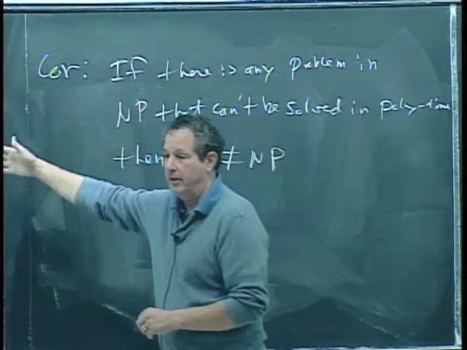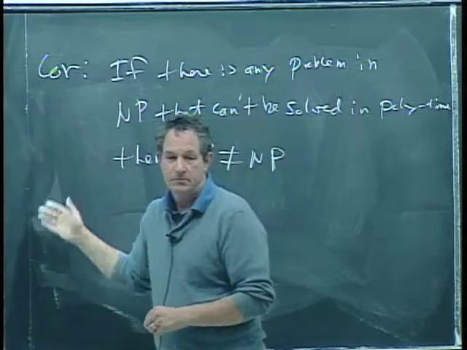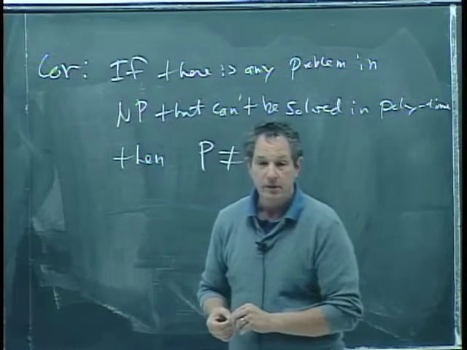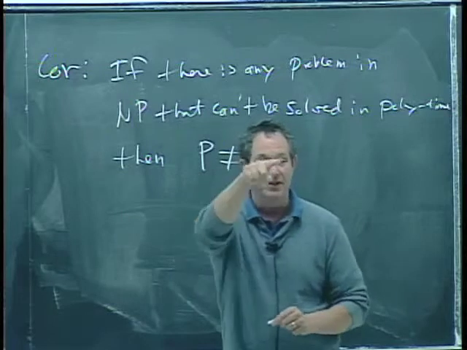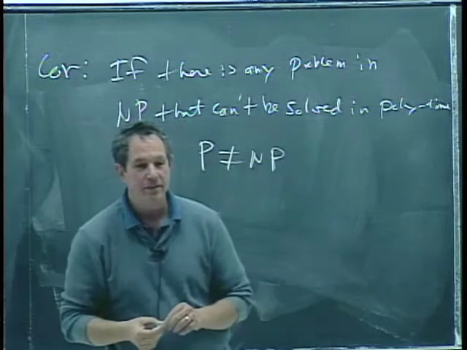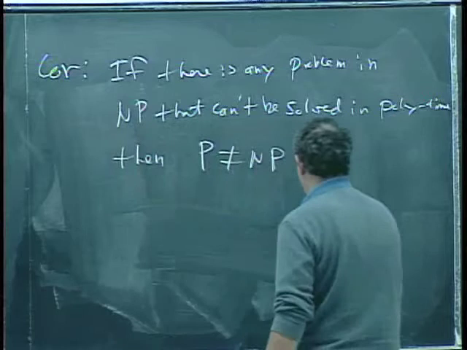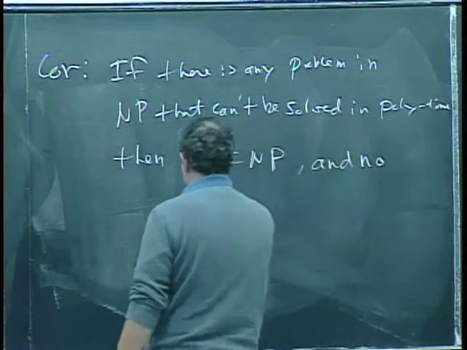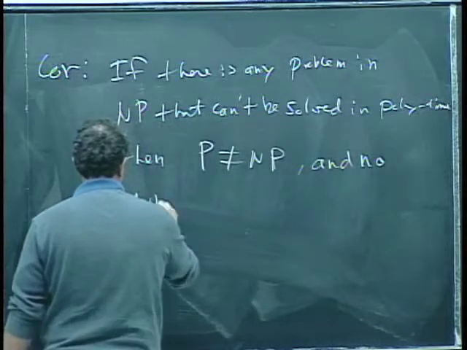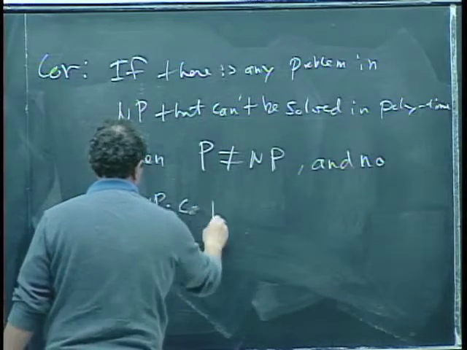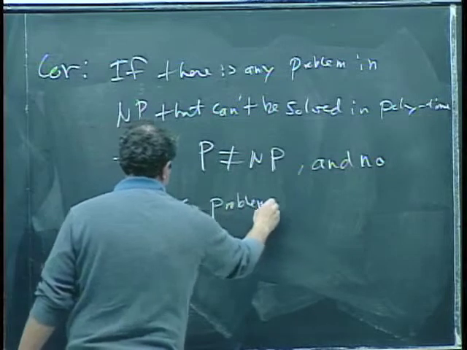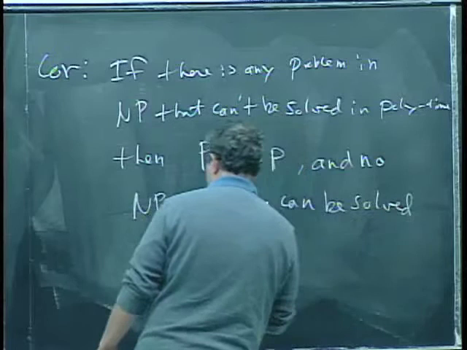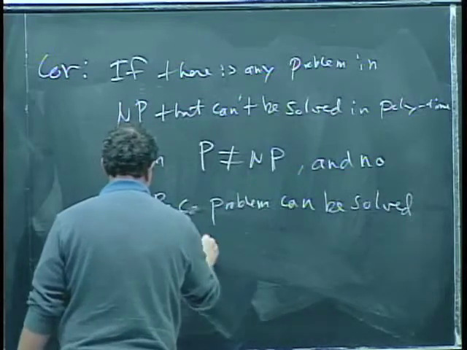You can get another thing out of this, which is that no NP-complete problem can be solved in polynomial time.